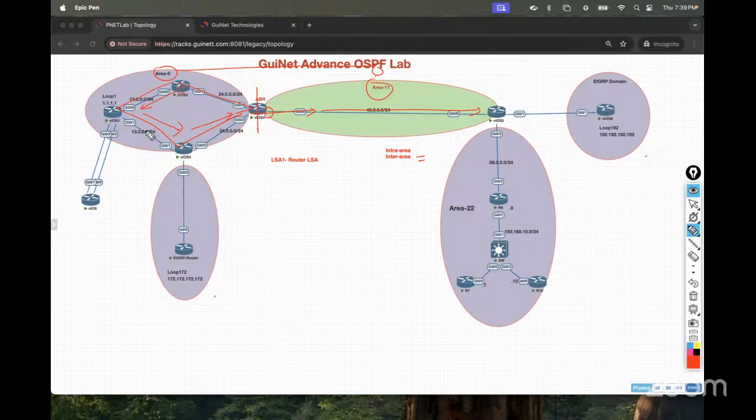So LSA1 is always generated by every router, and that LSA is going to stay within the area. That is known as LSA1. I hope you can understand, and this stays within the area, so that is known as the intra area LSA.